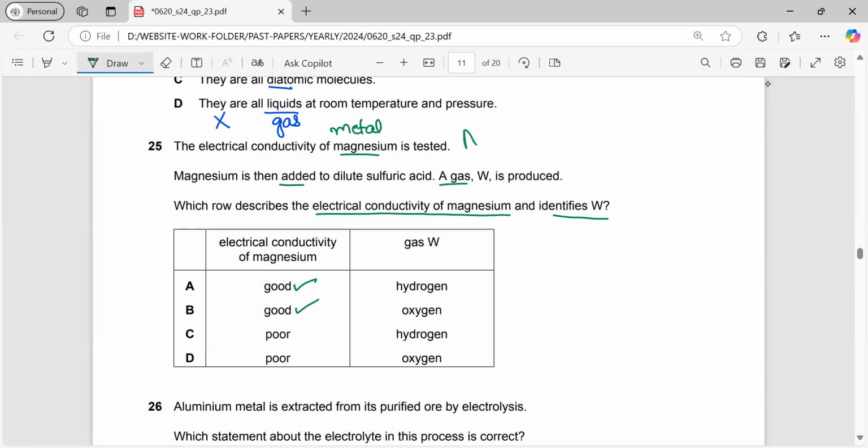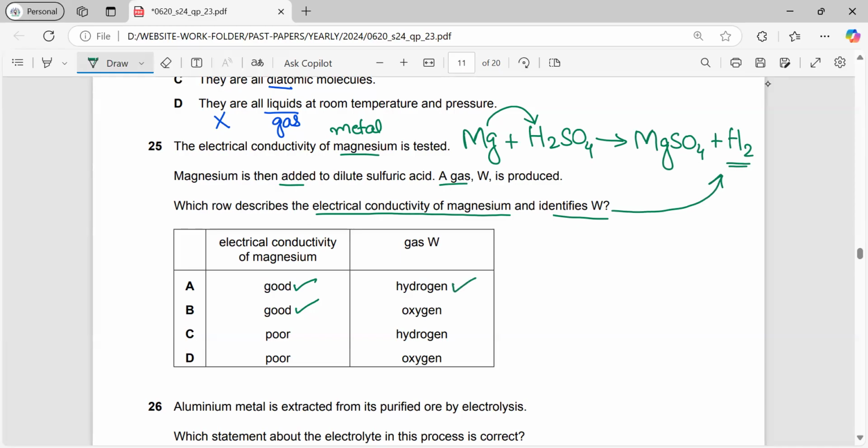And when magnesium is reacted with dilute sulfuric acid, H2SO4, magnesium displaces hydrogen, takes its place, and forms magnesium sulfate, MgSO4, and the displaced hydrogen will form hydrogen gas. So this W is actually hydrogen gas. So the answer is A.